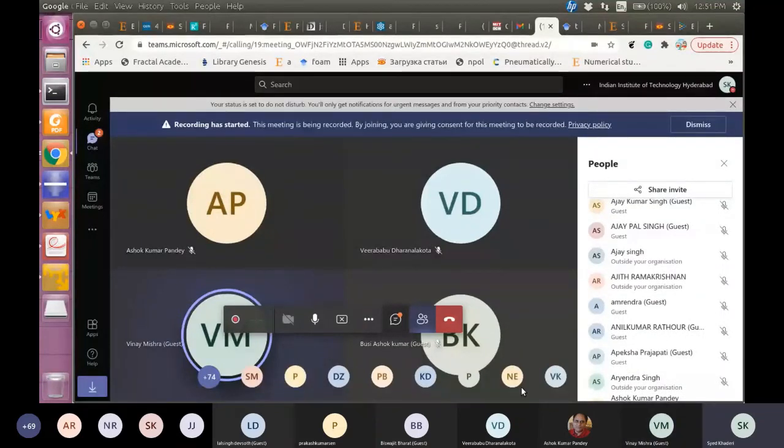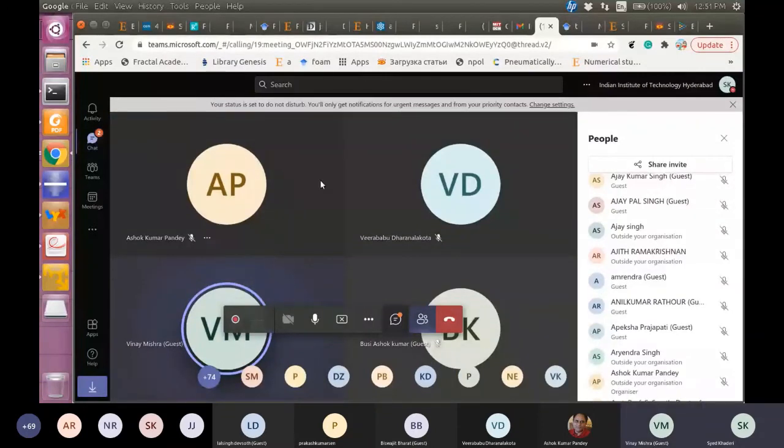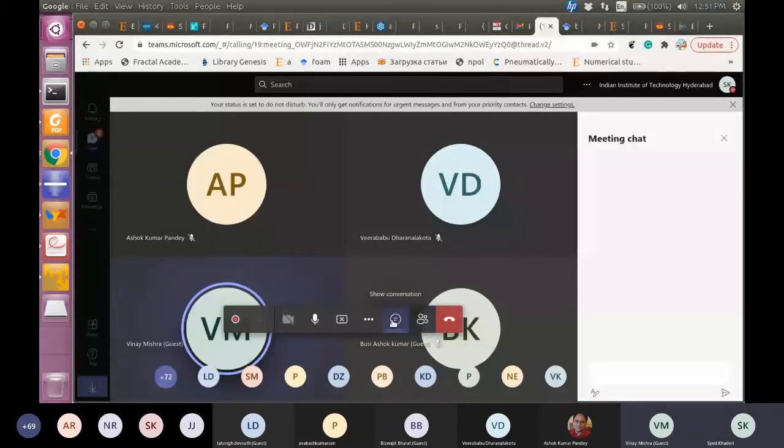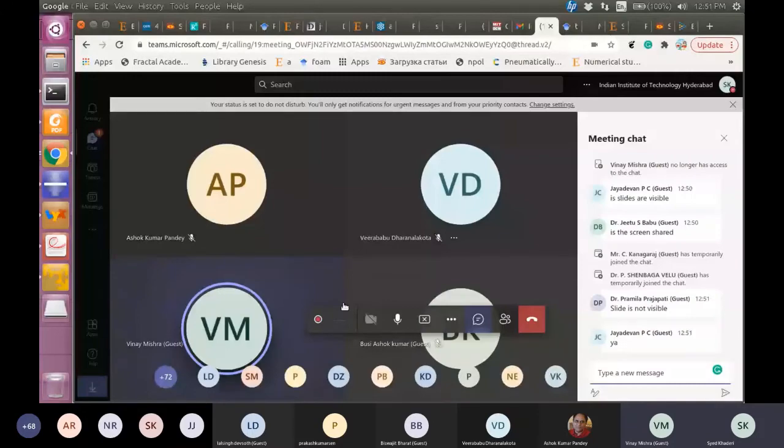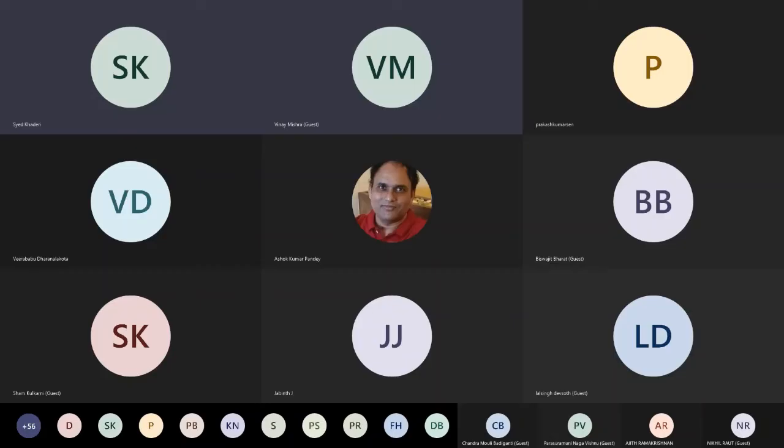Okay, how about now? Is my screen visible? No, sir. I have shared it here. I will say stop sharing. I will say open share tray. Desktop application, share.